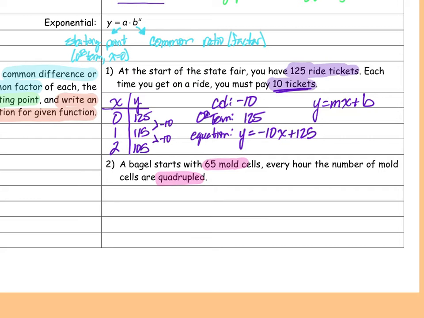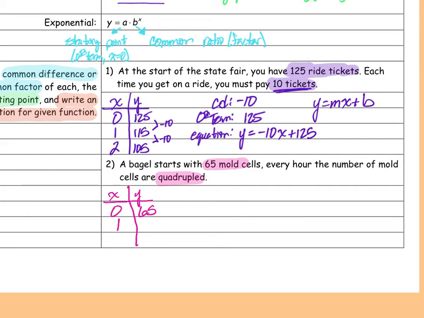So I can make my table again. I'm starting out with 65 mold cells, and then after the first hour, sorry, I need my calculator. Quadrupled.